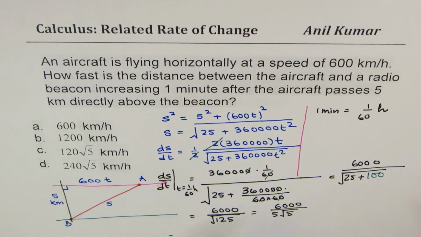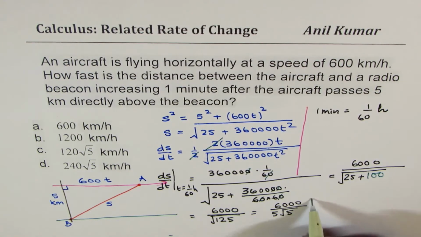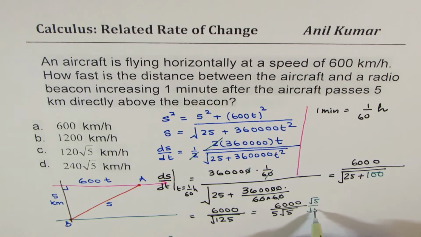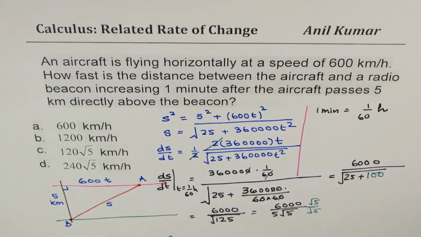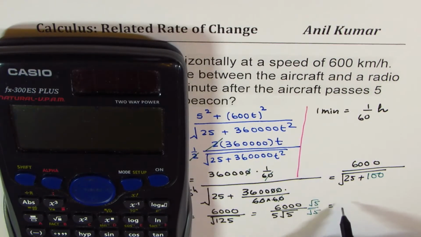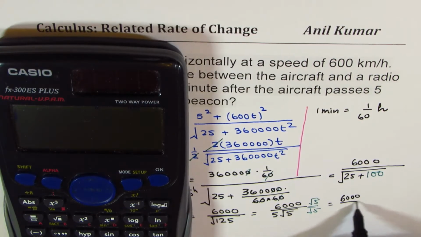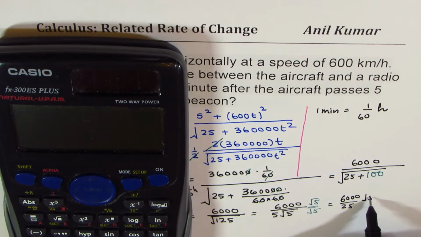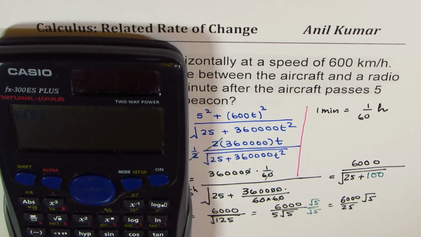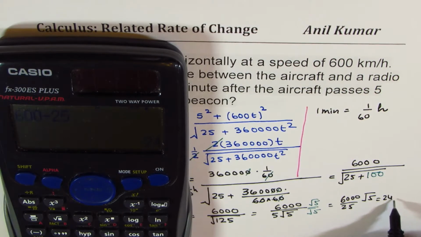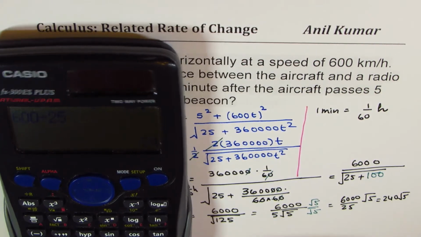Since we have a square root in the denominator, let's rationalize it with square root 5. That is rationalization. The denominator becomes 5 times 5, 25. So 6,000 divided by 25 is 240, times square root 5.